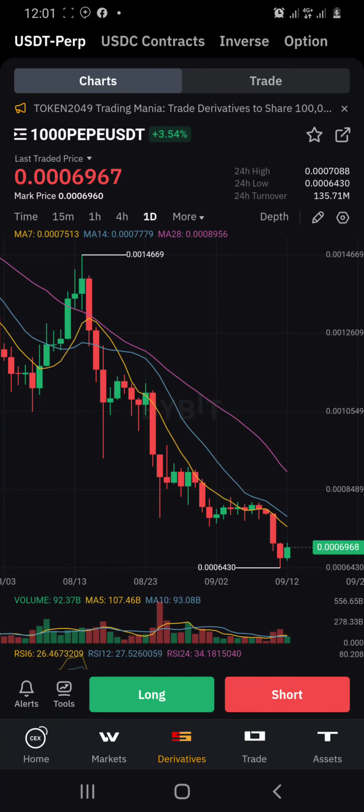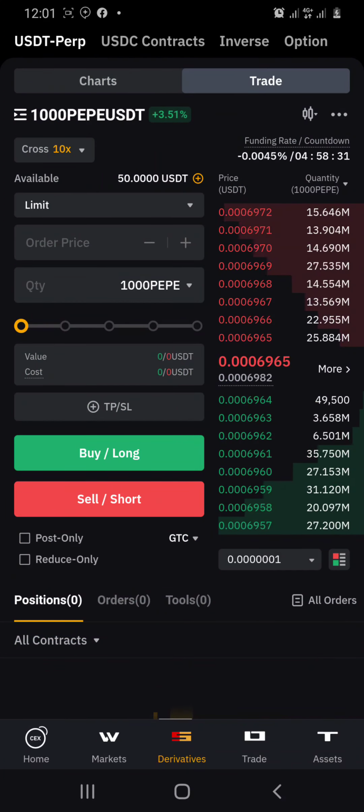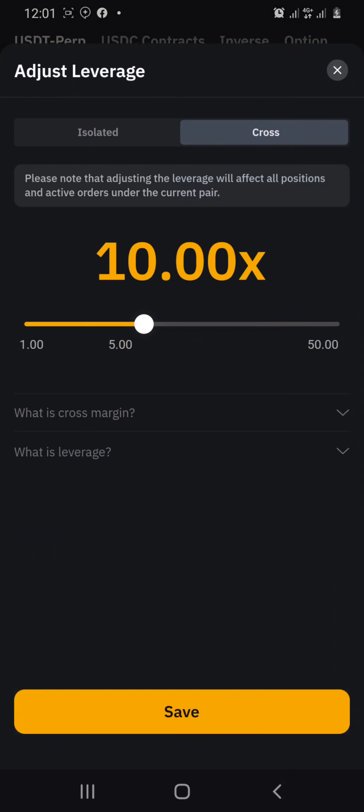Okay, so now if I want to, for example, short this Pepe now, I click on short. I don't trade with cross.